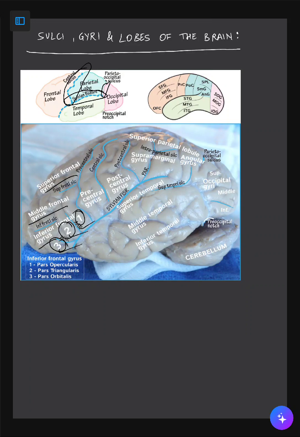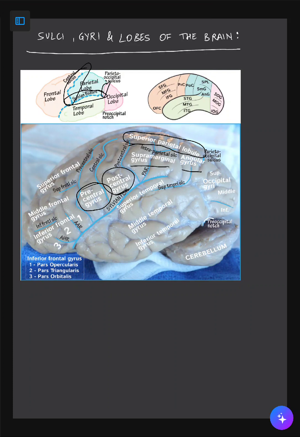The parietal lobe is divided into the postcentral gyrus, gyrus postcentralis, and lobulus parietalis superior, which has two parts: the supramarginal gyrus and the angular gyrus.